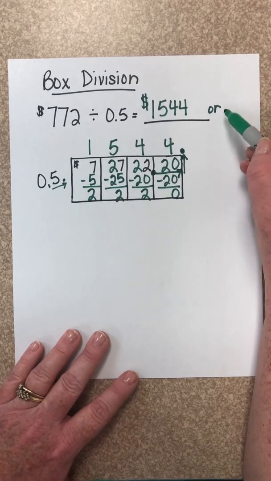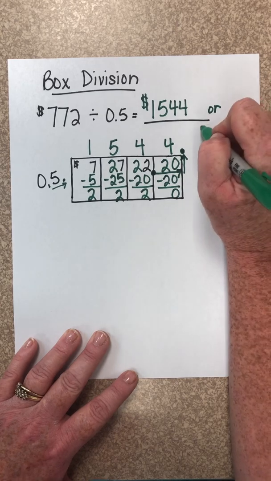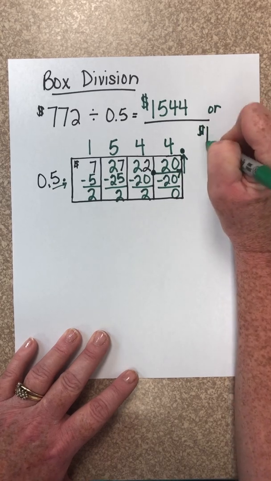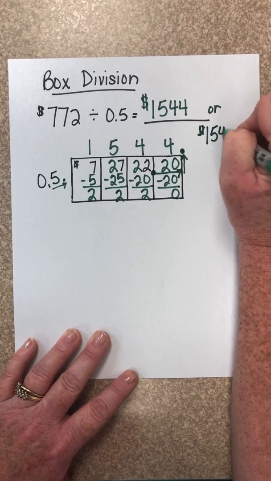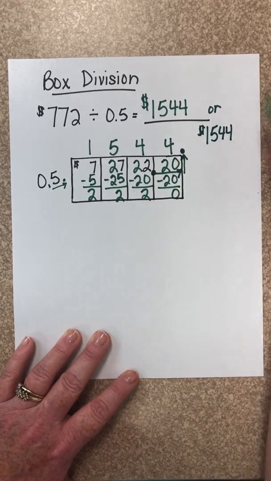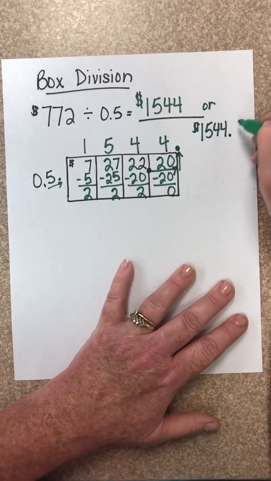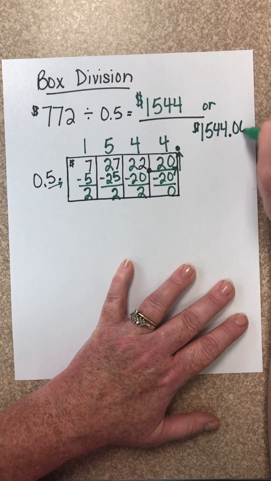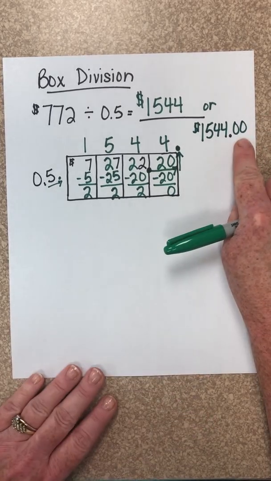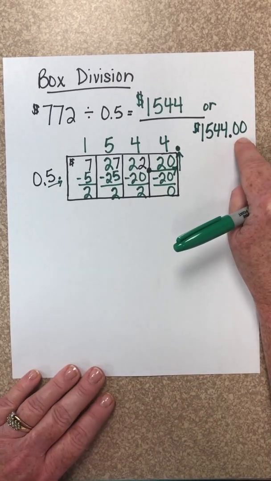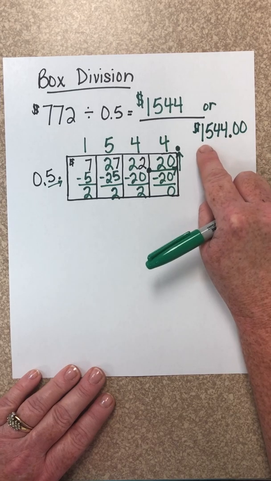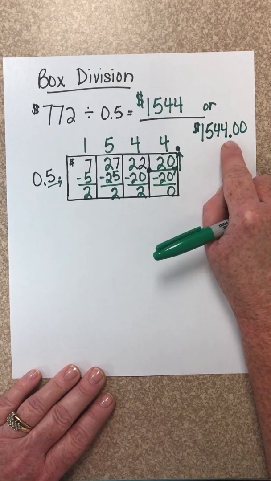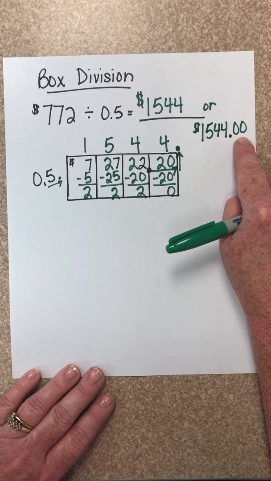Here we go. Another way of writing this is with a $ sign, 1,544, and if we're going to put in the decimal point, we must also put in the 2 zeros to show the coins or the 2 decimal places. So this is $1,544 and no cents.